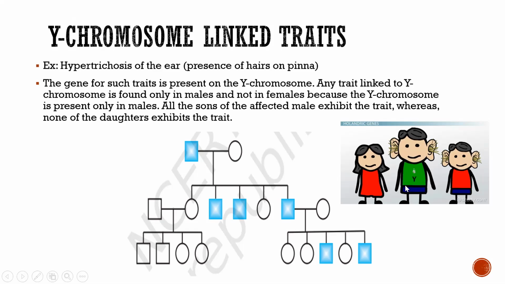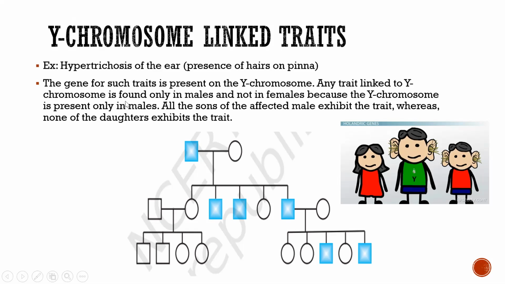Now, the speciality here is that in such a type of trait, the characteristics are passed from parents, that is from father to the sons. It is not going to affect the females. If you go through this line, you will come to know the gene for such a trait is present on the Y chromosome.